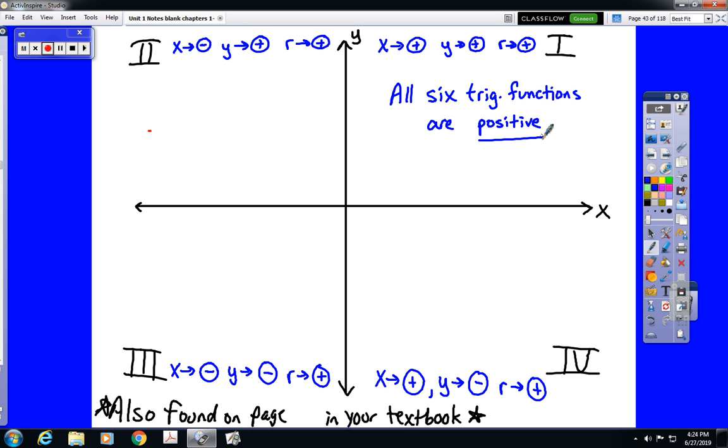In quadrant 2, again, we're looking at like sine. Sine is y over r. Well, y and r are both positive, so sine would be positive.